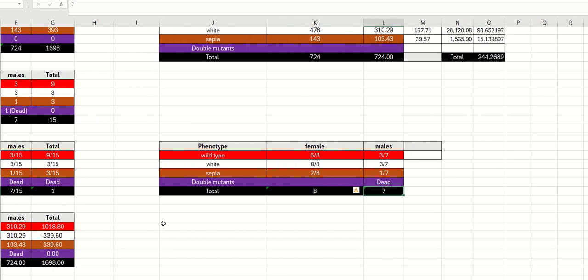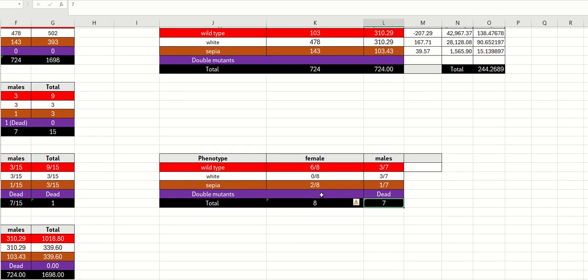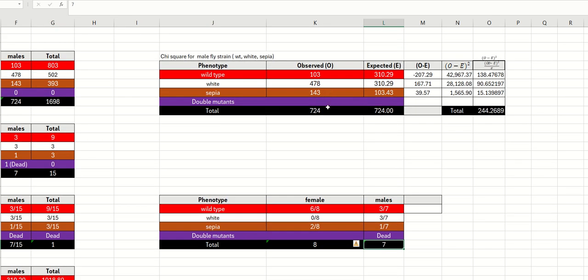It's pretty easy to calculate. Remember, the observed and the expected should add up to the same value. So let's calculate the expected for males.